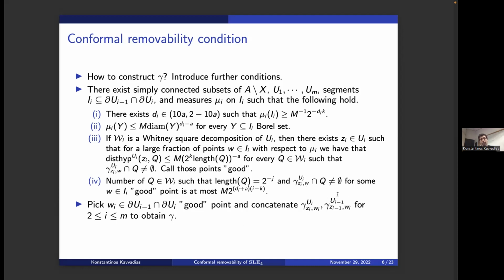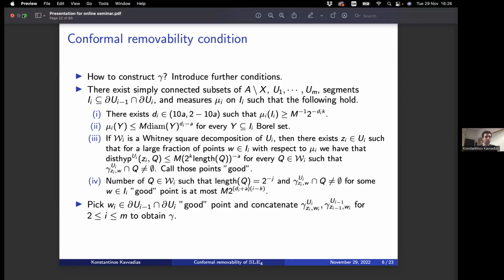Of course, here we use conditions 1, 2, and 4, because these guarantee that condition 3 holds for a large fraction of points of U_j. These combine together in order to obtain this, but condition 3 is the core of the argument. So let me draw some pictures then to explain a bit better.